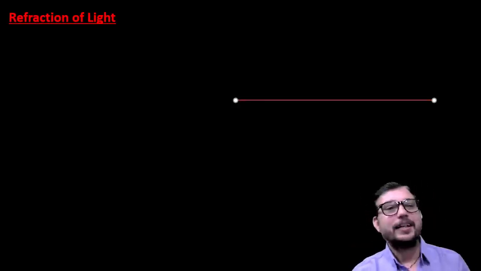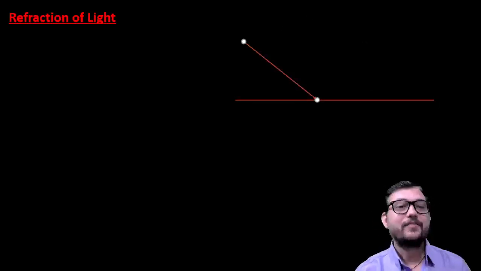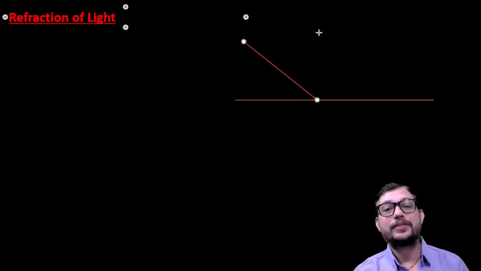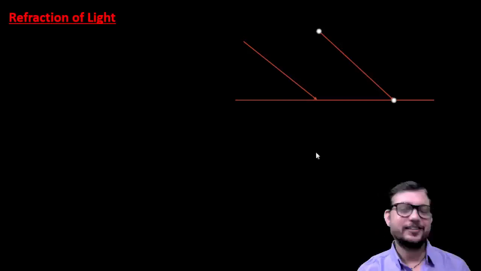After that, as you know, we have two light waves. This is the first light wave, and then you have the second light wave like this, and both rays are parallel to each other.